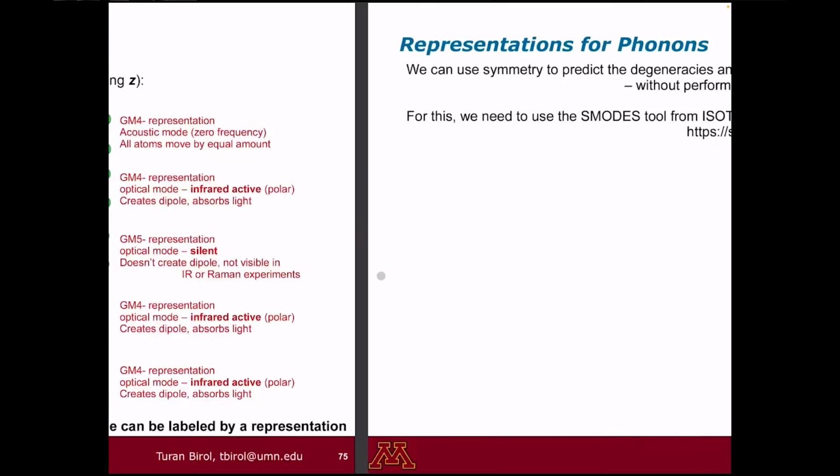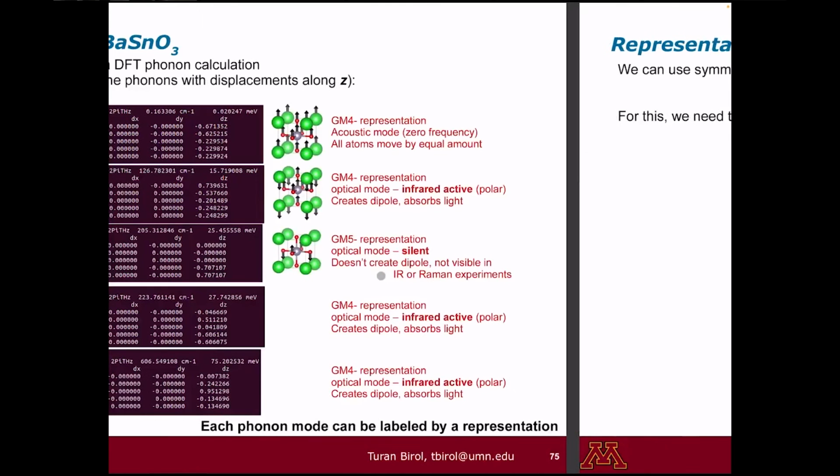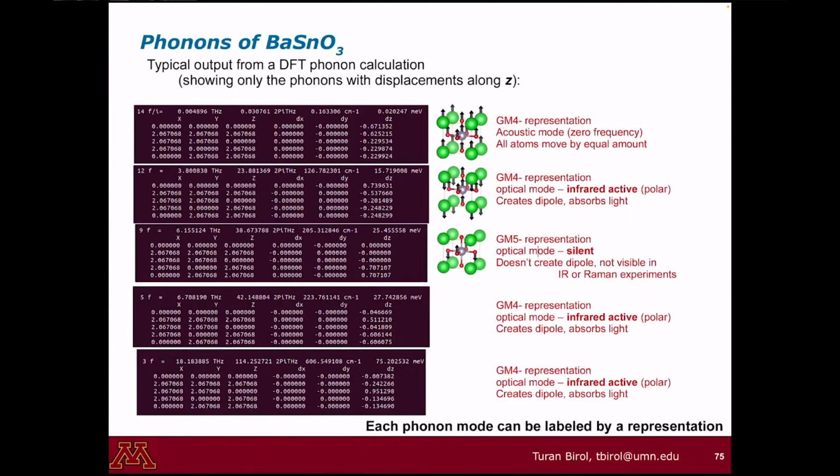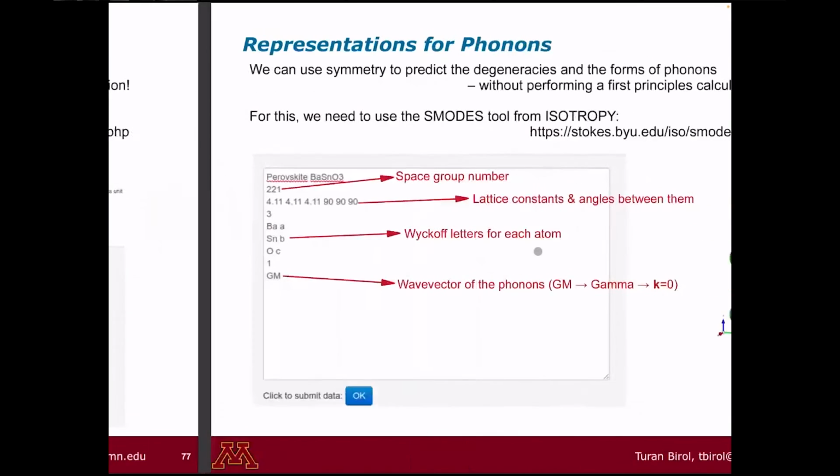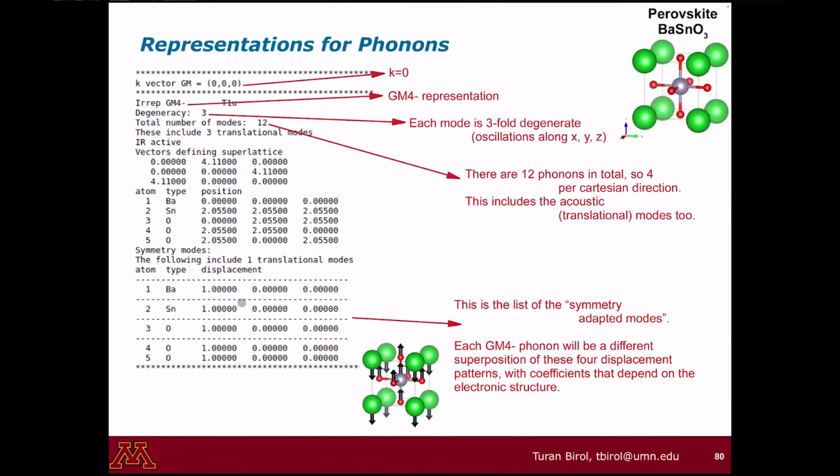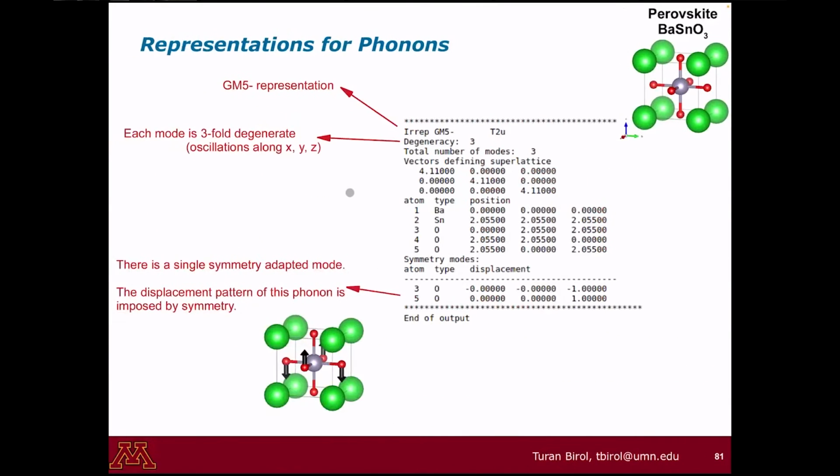So let's see if that is true for the gamma 5 minus mode. Let's see what S mode says. So again, this was gamma 4 minus, and this is gamma 5 minus. What this tells me is that the gamma 5 minus representation gives rise to 1 threefold degenerate mode.